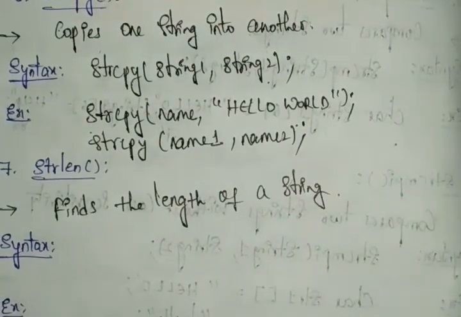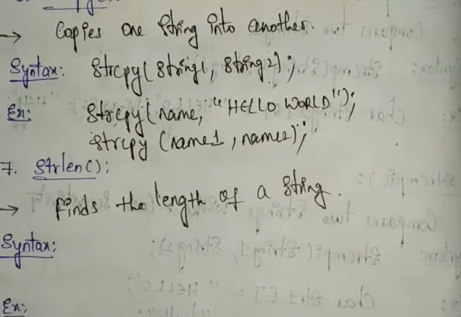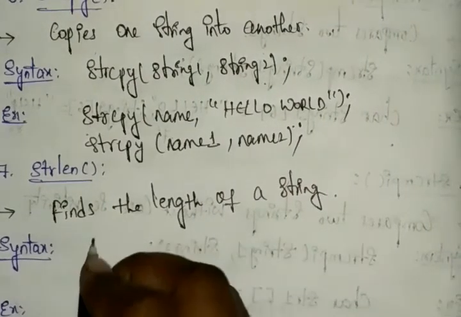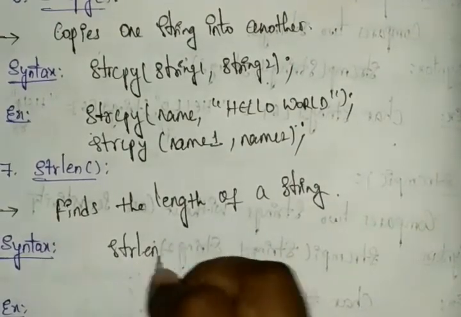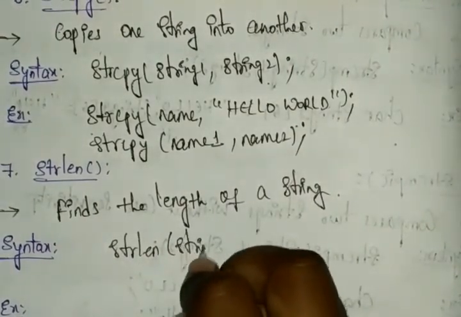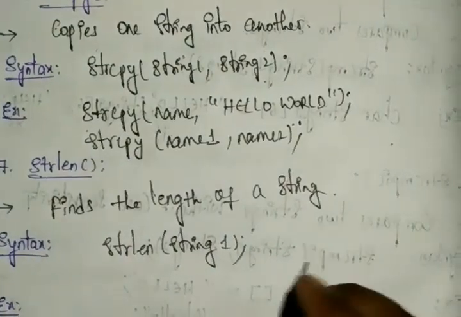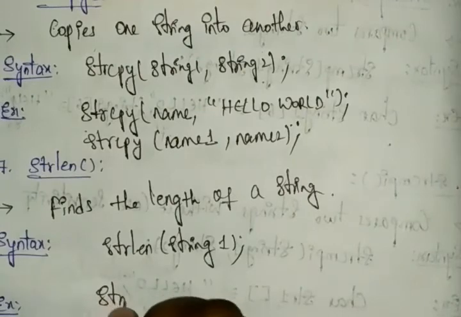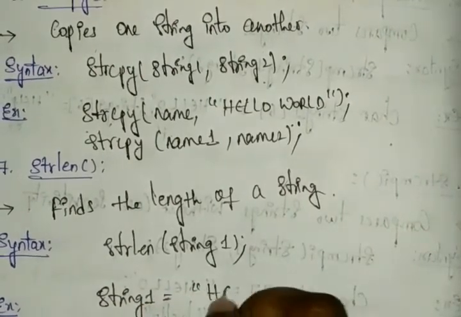Then you can write the length of the string is 5 characters. Like that we can perform. You can see the syntax for this: strlen, string 1. Here I'm choosing, for example, whatever you take as string 1. In this string 1 I have hello world.